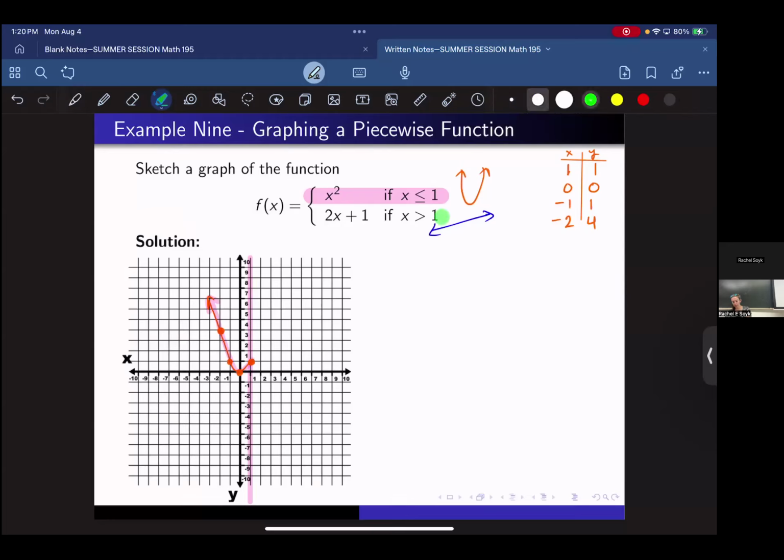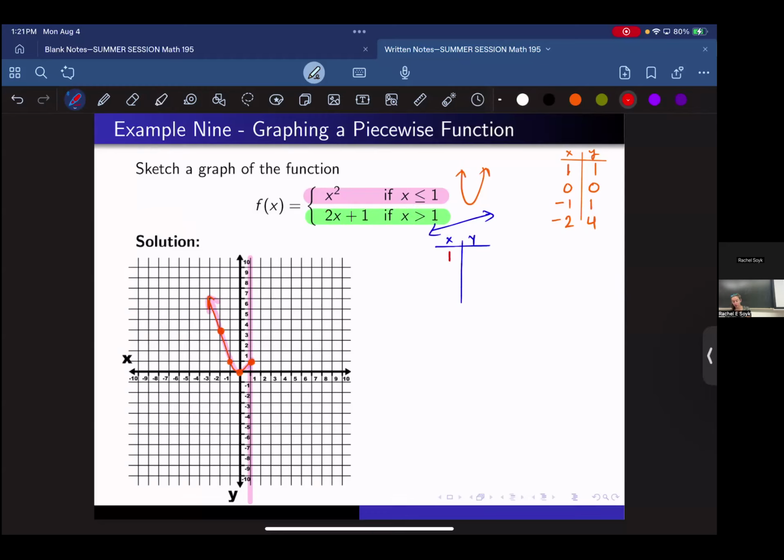Now the second part is this whole 2x plus 1. So once again, create a little table off to the side. You know it's going to be a line, but we're not starting at 1, but it's good to know where the point is at 1. So I'm going to put that first part in red because we don't want to plot this.